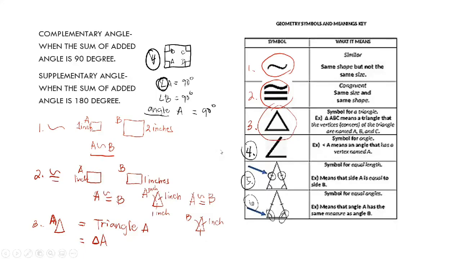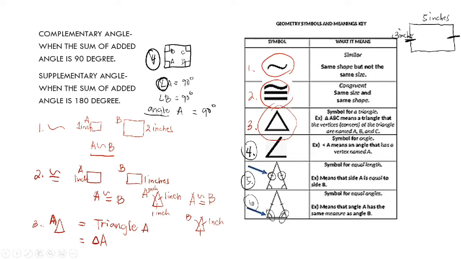For example, sa ating rectangle, ang measurement ng side is 3 inches. And ang measurement ng nasa top natin is 5 inches. So when I have this stroke, first stroke, then the other side is this stroke, ibig sabihin, they have the same measurement.